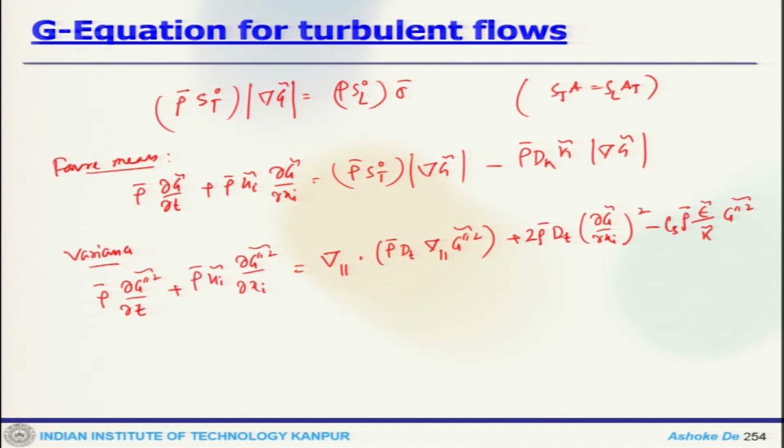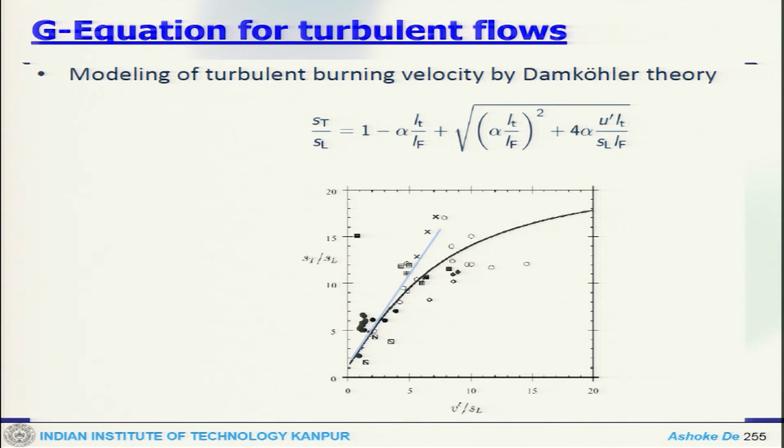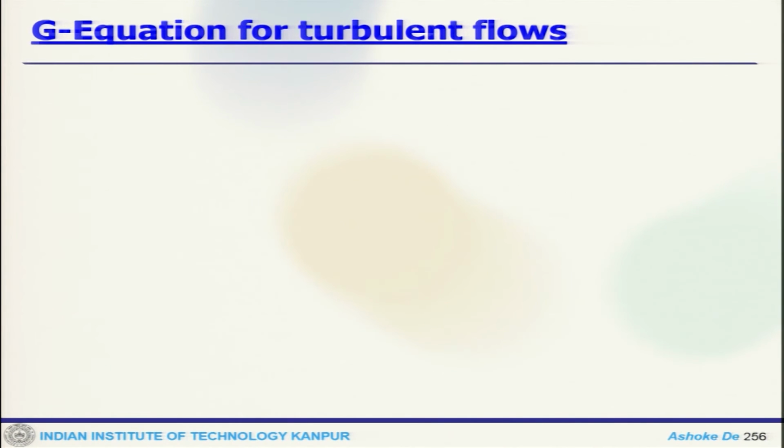So, this is what we get, two equations in that form. So, now we have used the turbulent burning velocity expression using the Damkohler theory, and you can see how ST by SL actually varies, and that's what we want to bring in.